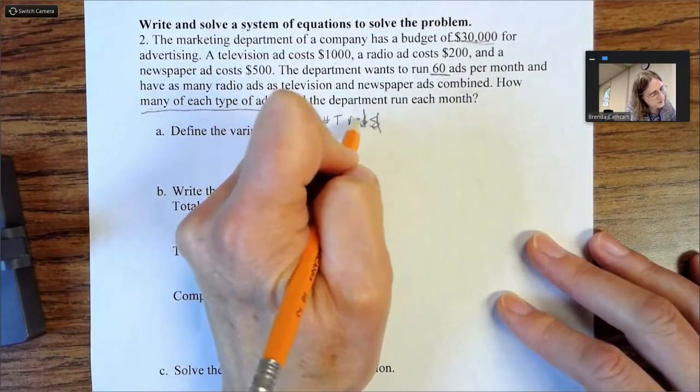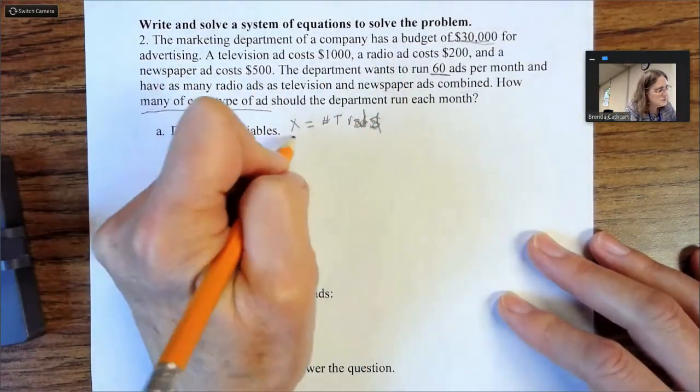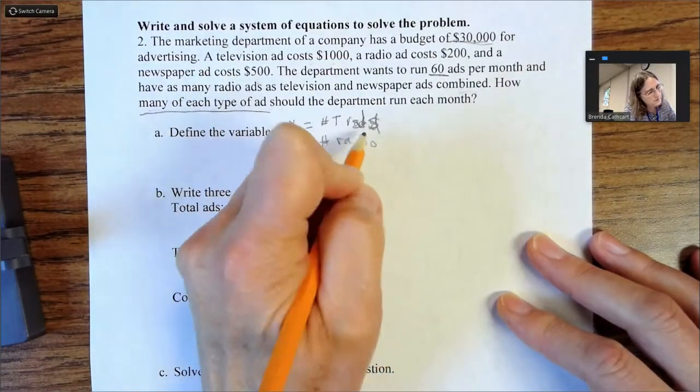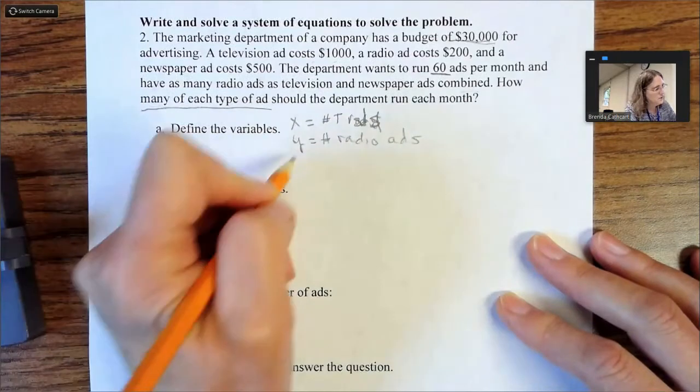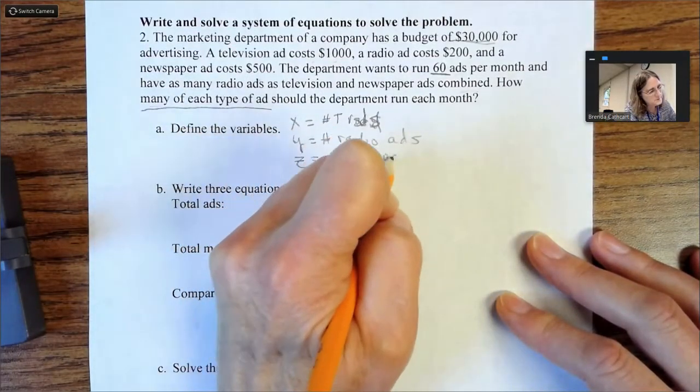I don't know the number of radio ads, so y equals the number of radio ads. And finally, z is the number of newspaper ads.